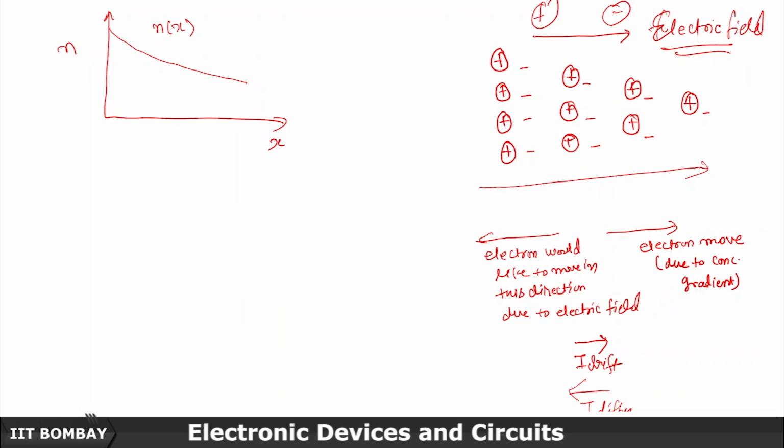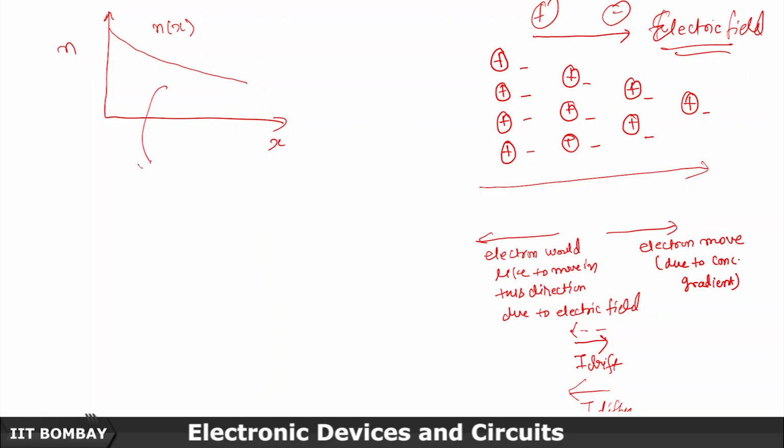The movement is taking place the other way around: electrons are moving here in this case and they are moving here in this case. So under thermal equilibrium, when there is no external applied field, there will be an equilibrium where both currents are equal and opposite to each other, and the net current would be 0. But there is a built-in electric field.